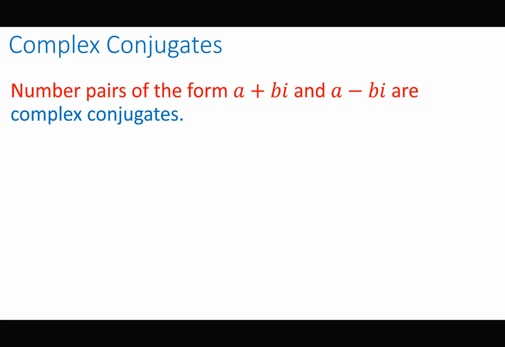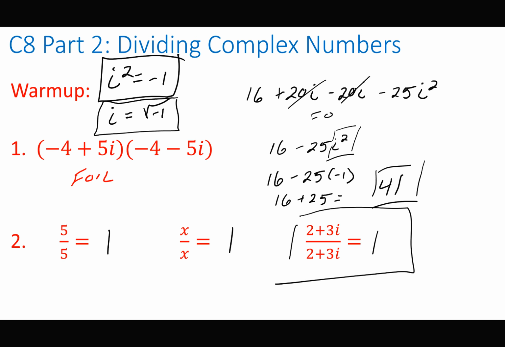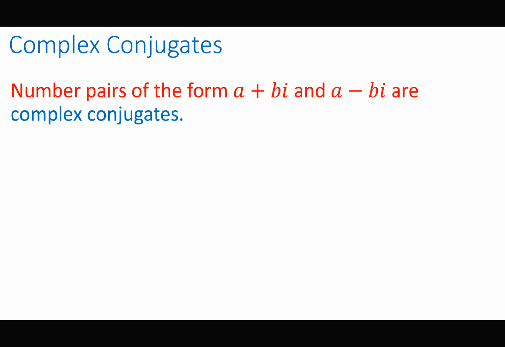And if you look back at our warm-up, we had that: -4 plus 5i, -4 minus 5i. The imaginary parts were opposite signs. This is some terminology you need to know, because you're going to hear me say, what is the complex conjugate? We have to use the complex conjugate. When you hear me say that, we're simply looking at the opposite sign on the imaginary part.